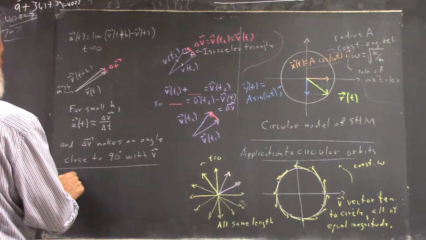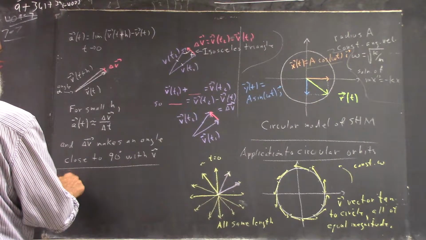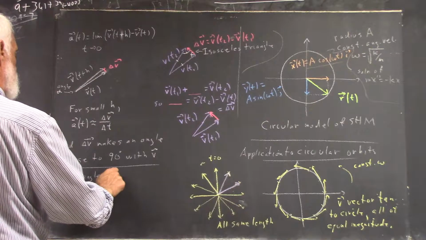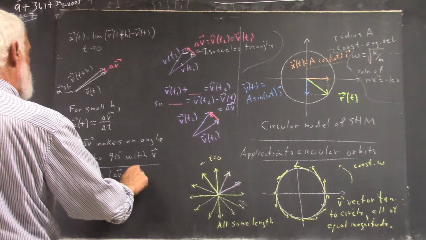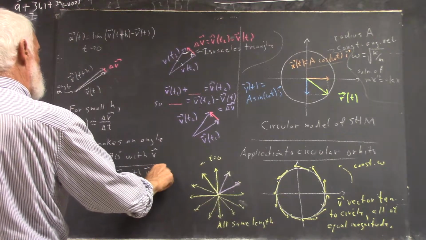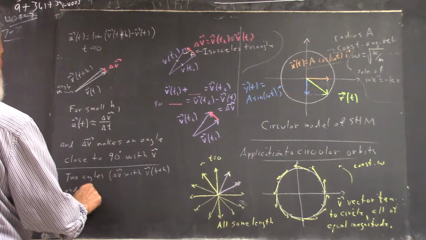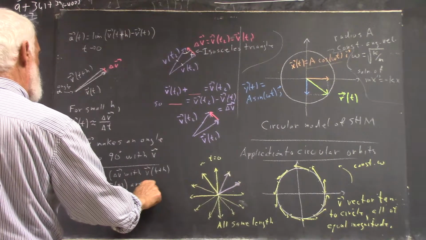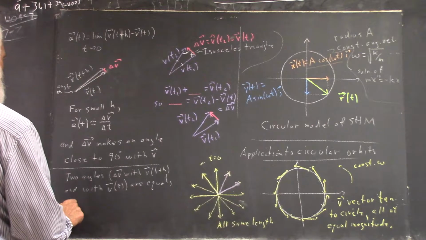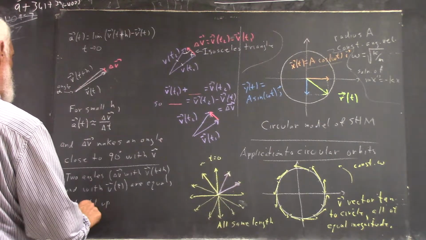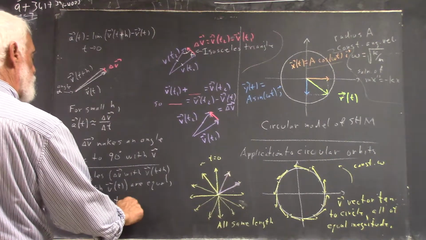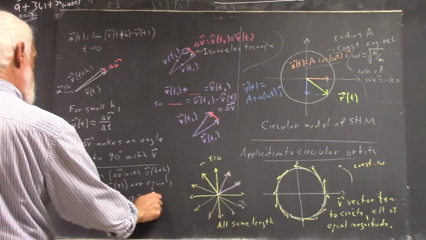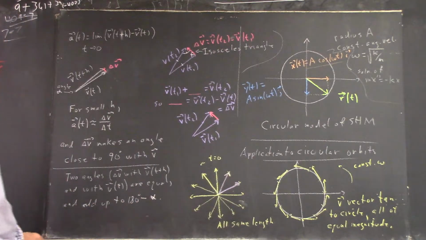Now, the two angles, delta V with V of t plus h and with V of t are equal and add up to 180 degrees minus alpha. It's got a bad looking alpha, it's still bad looking, but we'll live with it.